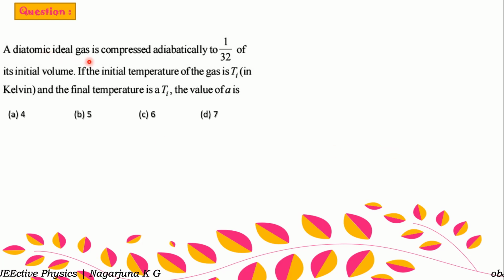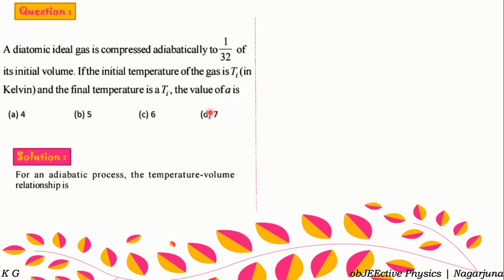A diatomic ideal gas is compressed adiabatically to 1 by 32 of its initial volume. If the initial temperature of the gas is Ti in Kelvin and the final temperature is A Ti, the value of A is. Solution.